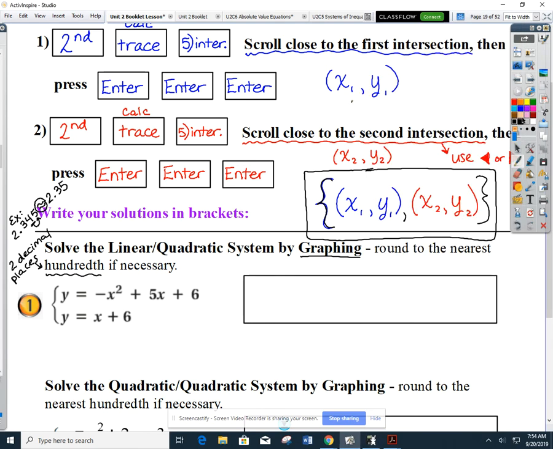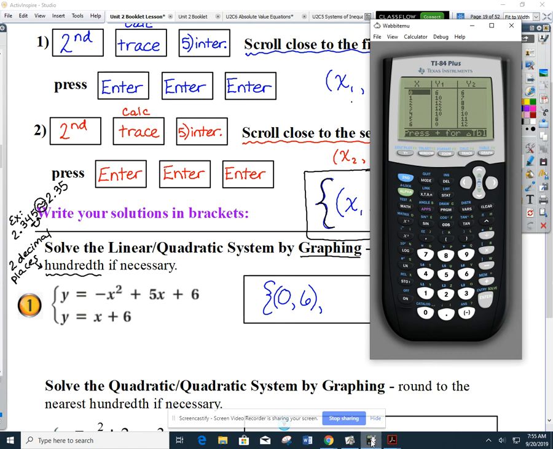I want to write in blue. Okay. That is our first point. And then I know we already saw the other from the table, but I want to do it on the graph. To get to the other intersection, we do second, calculate intersection.